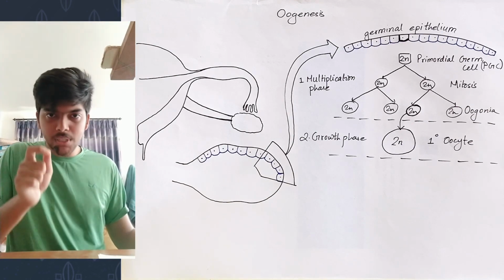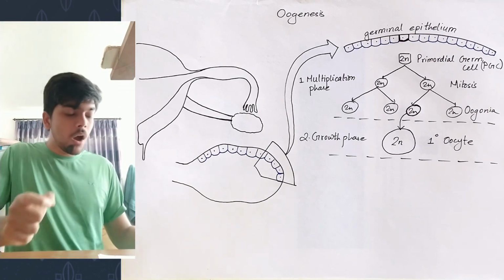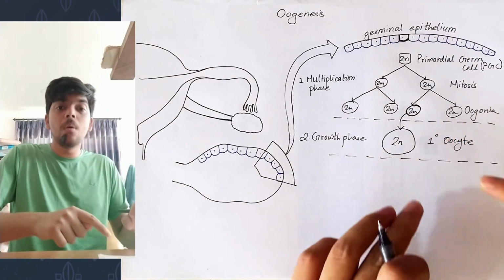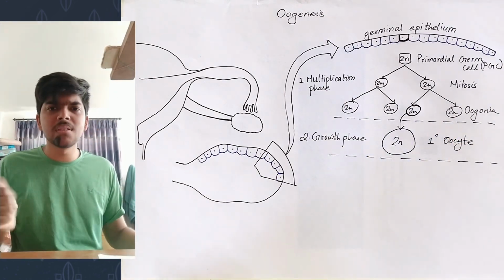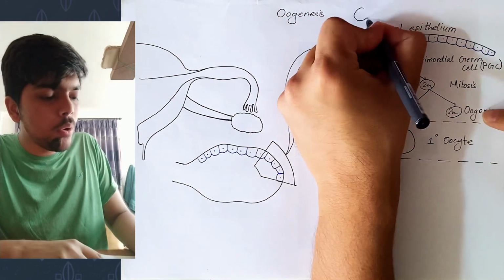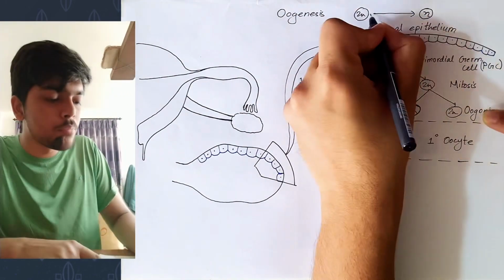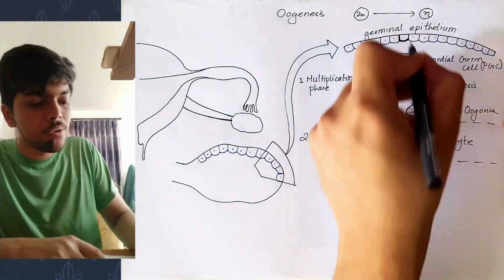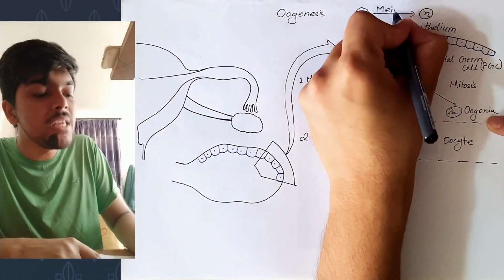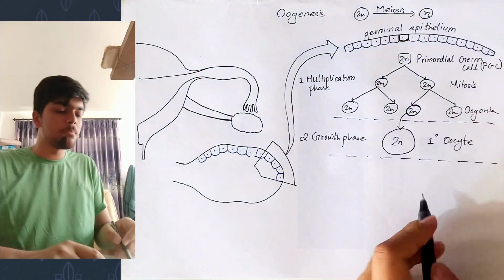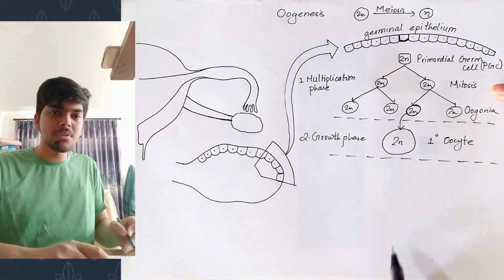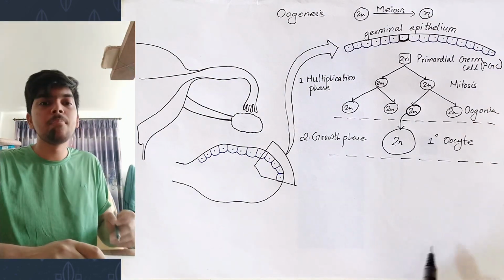Then what is the process with the help of which a diploid cell can form a haploid cell? What's the process? A diploid cell needs to form a haploid cell. What process will it go through? It goes through the process of meiosis. So primary oocyte goes through the process of meiosis to form haploid egg.